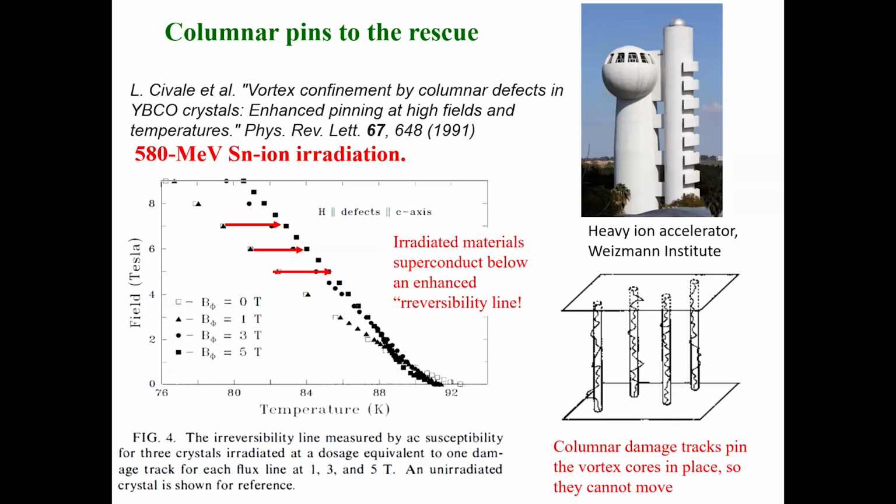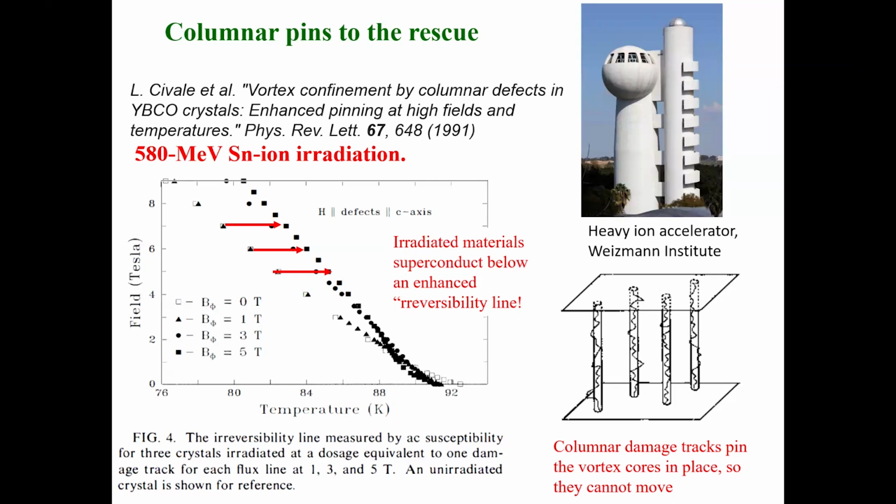That tells you the number of lines that can be captured. And the ideal situation is where you have one columnar pin per quantized flux line, and then they don't wander, they don't entangle. They just sit there, and the material is pinned in place, and you have a good superconducting system over this somewhat substantial intermediate range of temperatures once you irradiate.